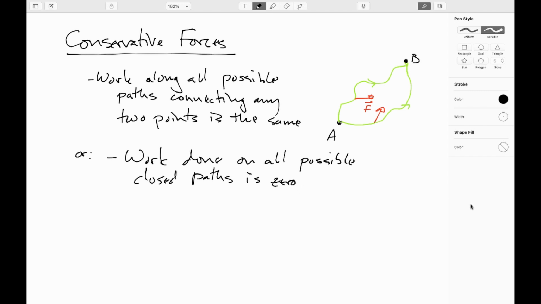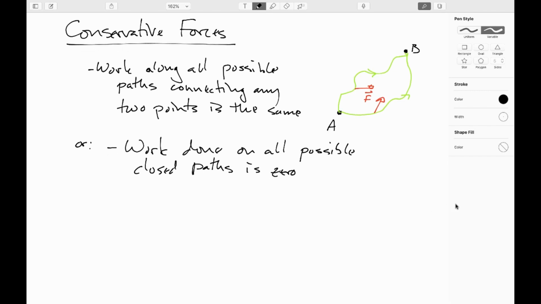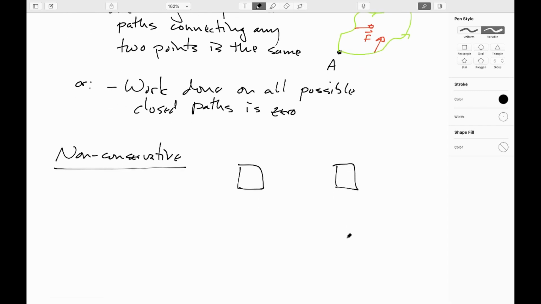So the first thing you can use this for is to show which forces are non-conservative. So for instance, friction as an example. To show that a force is non-conservative, all you gotta do is find two paths where the work done is different. So let's say you're sliding your physics book along your table like so.